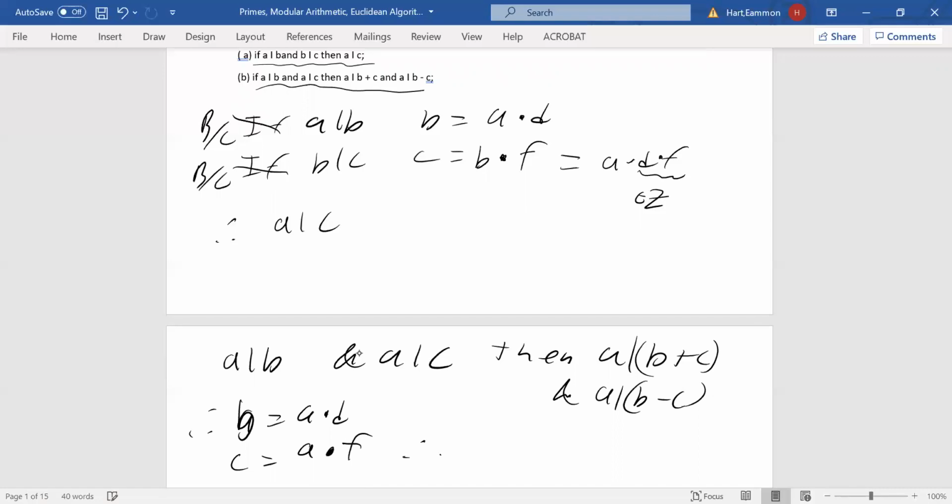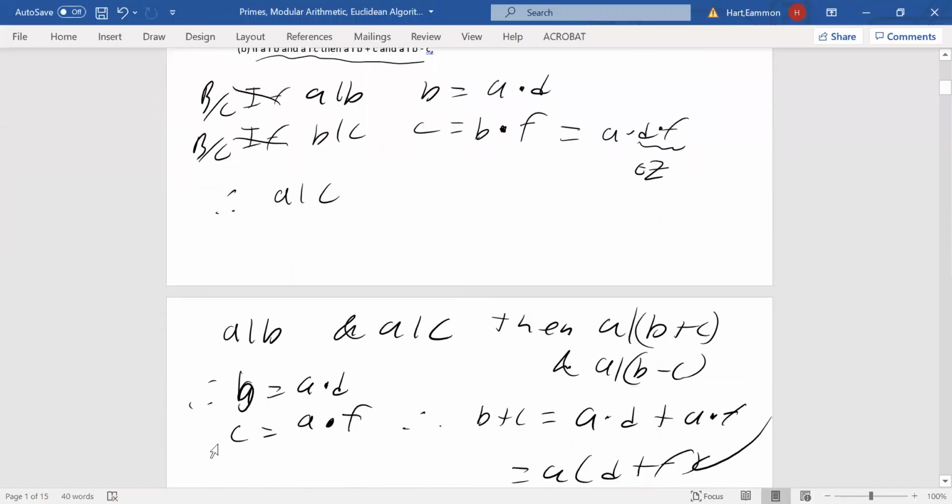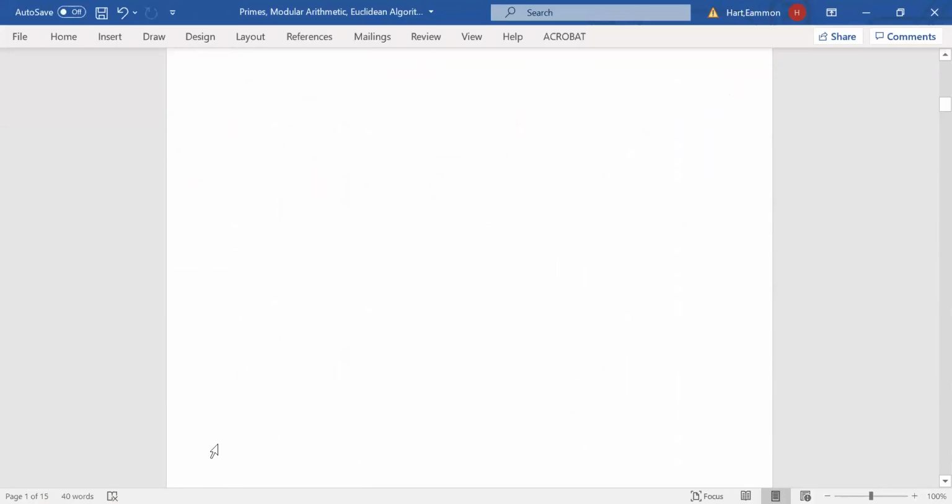Therefore, b plus c is equal to a times d plus a times f, which is equal to a times (d plus f), which is still an integer. So this checks out. It's going to be basically the exact same idea for b minus c.